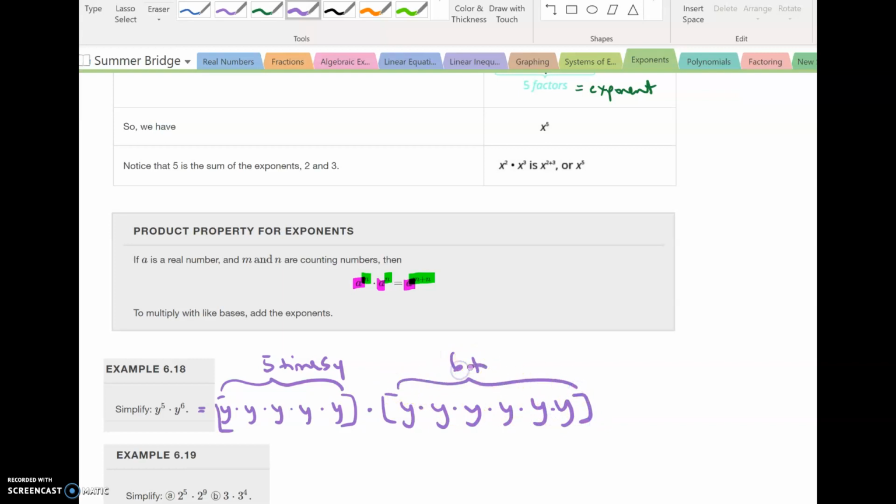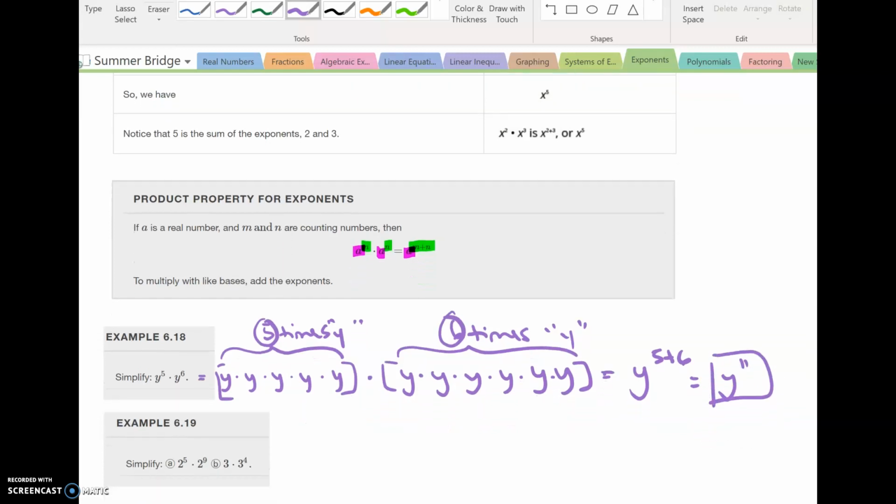That's 6 times the quantity y. So really, I'm taking a look at the 5 and the 6, and if I count all of these, I end up with 5 plus 6, which is y to the 11th, because I have 11 y's. So really, I'm just adding the 5 and the 6. Another way of writing this would be y to the 5th power plus the 6th power, which is y to the 11th power. And that would be your answer.